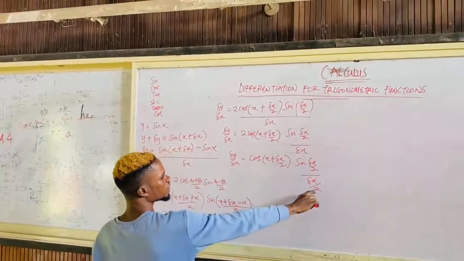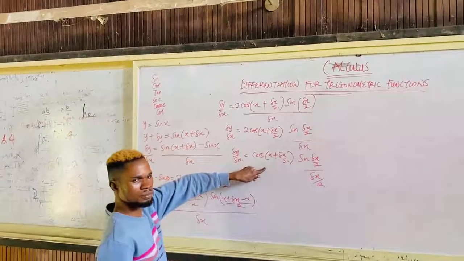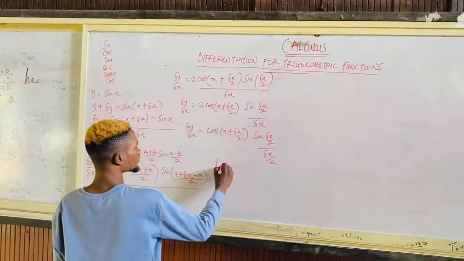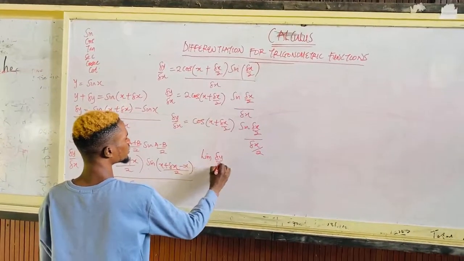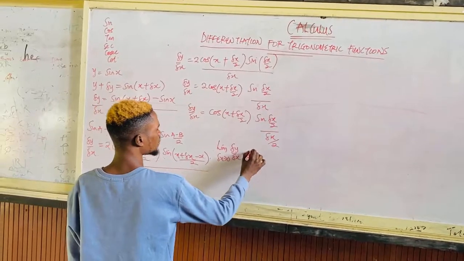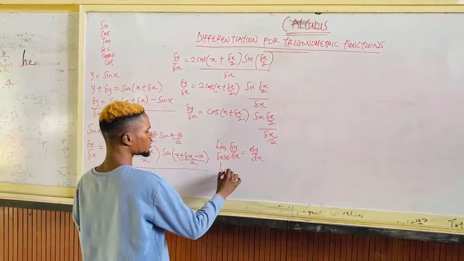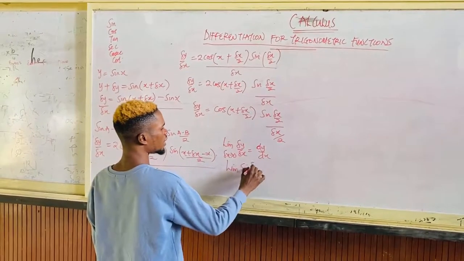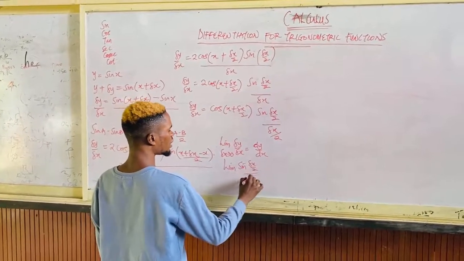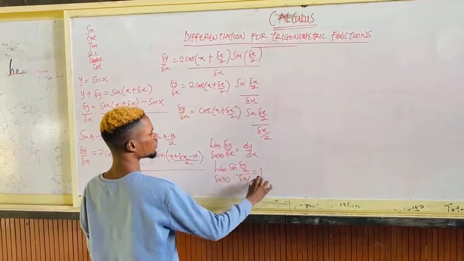Now remember the limit as del x tends to 0 of del y over del x is dy dx. And the limit as del x tends to 0 of sine (del x all over 2) all over (del x all over 2) is 1.